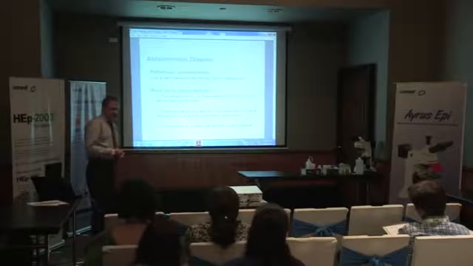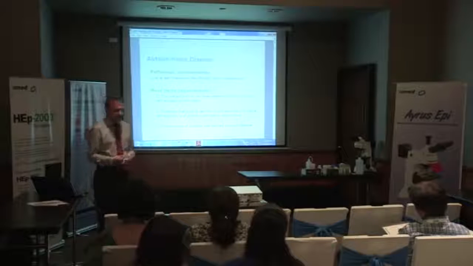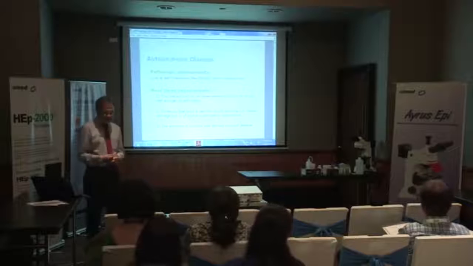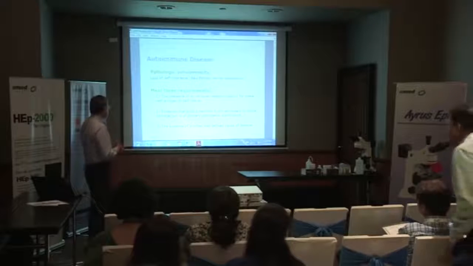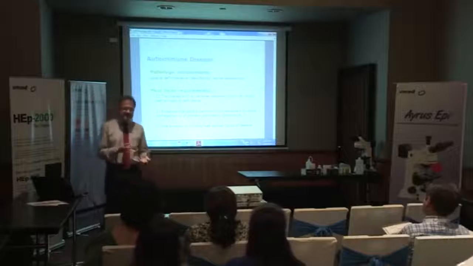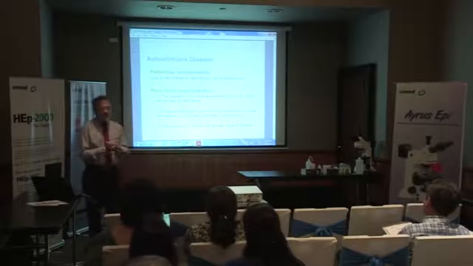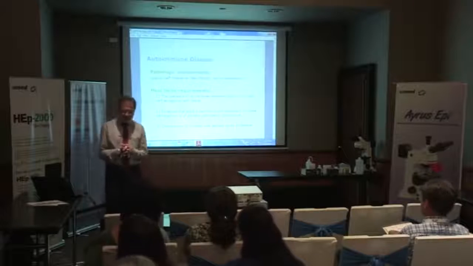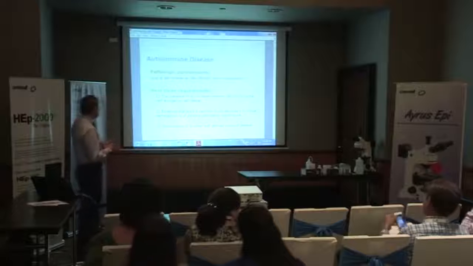To diagnose any autoimmune disorder, we have to have three criteria met. Number one, the presence of an immune reaction, that means an antigen-antibody reaction, with antibodies directed against self-antigen, and this is very specific.